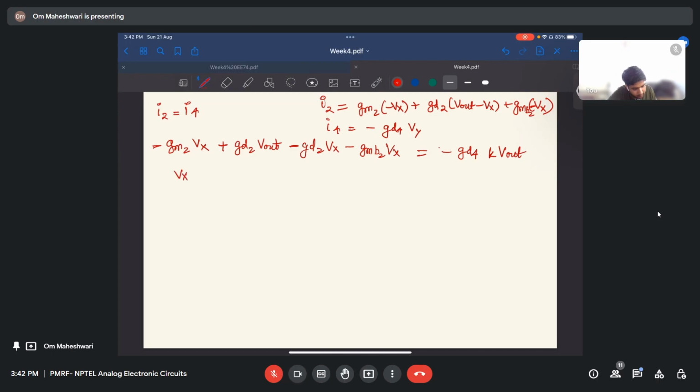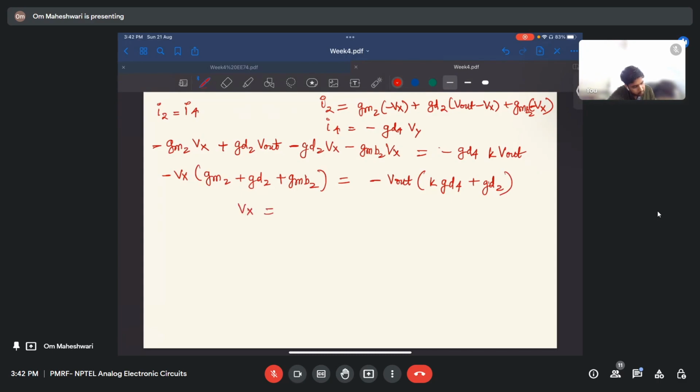Okay. So Vx minus Vx GM2 plus GD2 plus GMB2 equals to minus V out KGD4 plus GD2. Yeah.